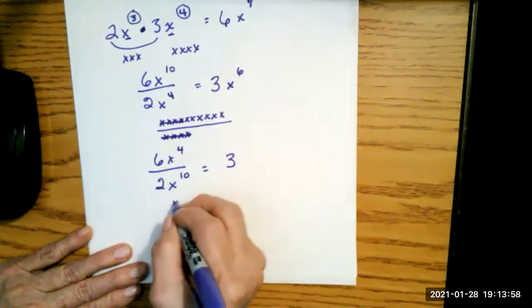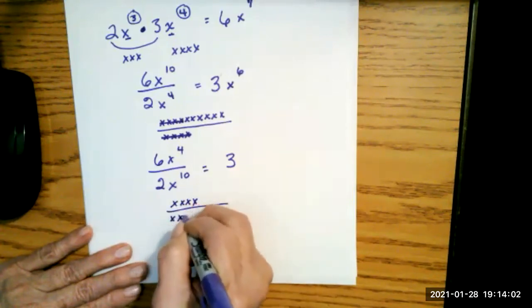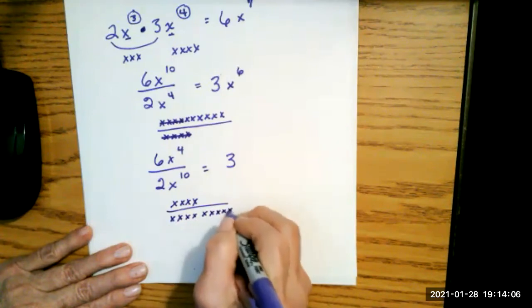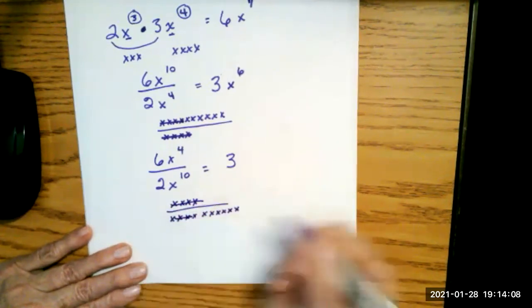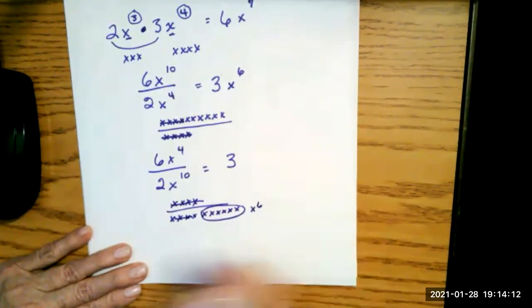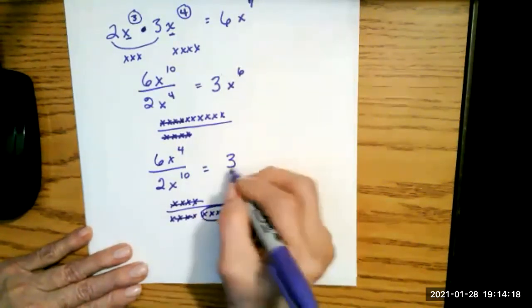So what you can do is do the same thing. Put your x's like this and cancel out. And you see that there are still x to the 6th, but where is that x to the 6th located? In the denominator.